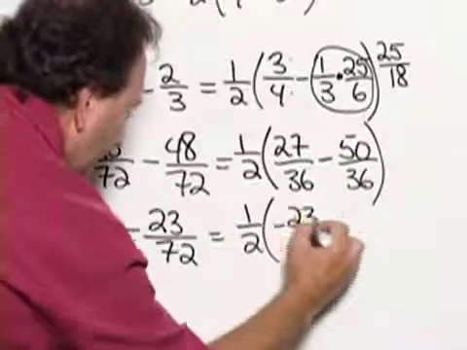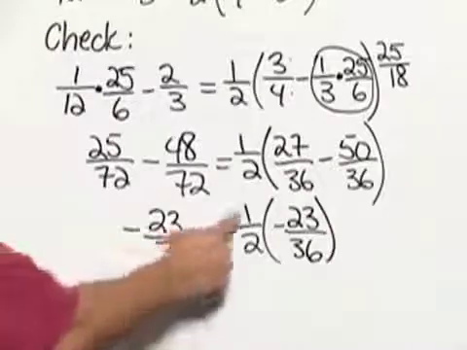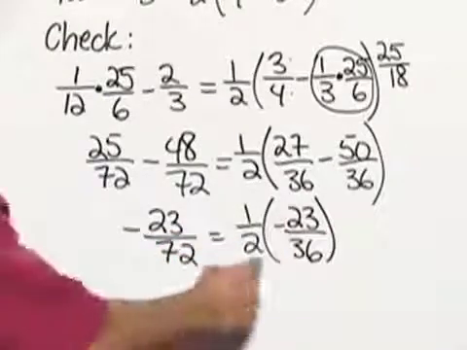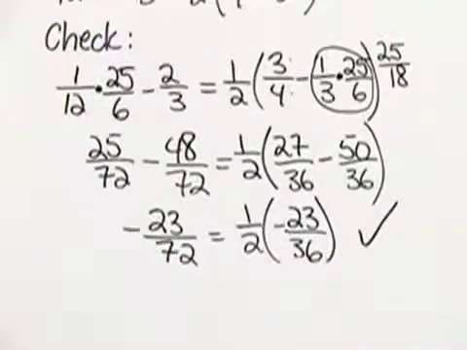That's minus 23 over 36. Well, we are going to multiply 1 times the negative 23 and 2 times the 36, which gives us negative 23 over 72. And that does, in fact, equal the left-hand side of negative 23 over 72. So our solution checks.